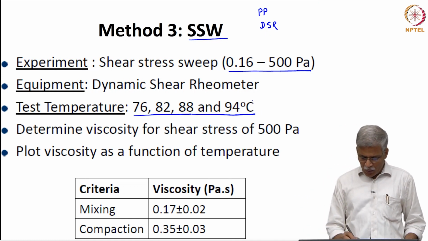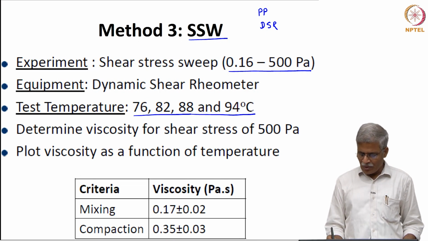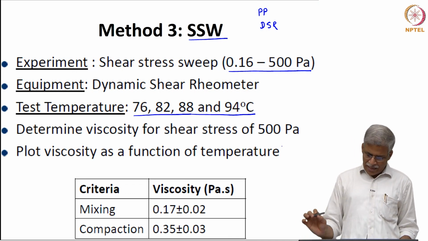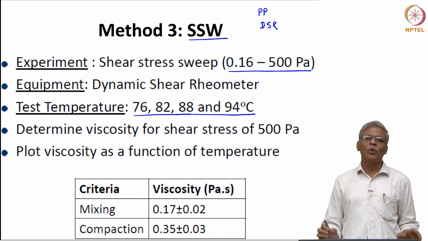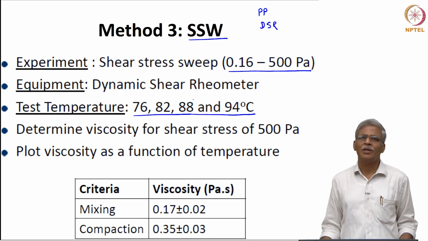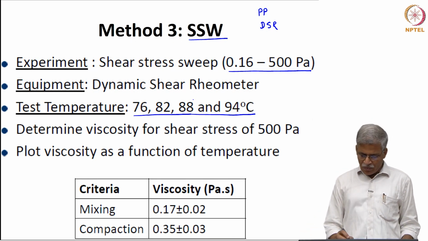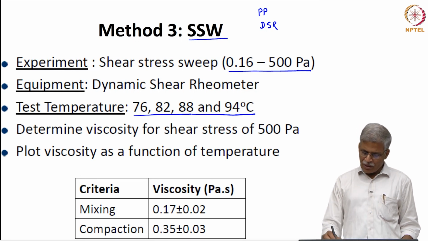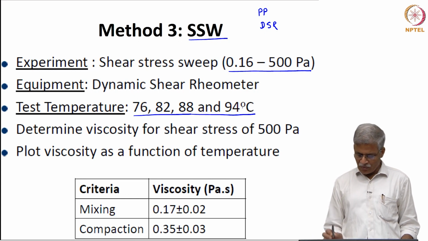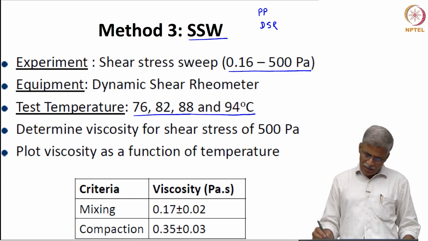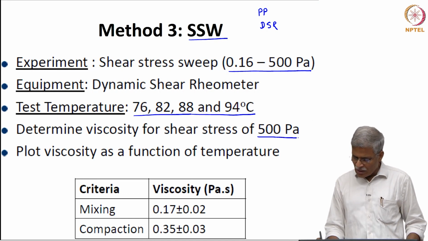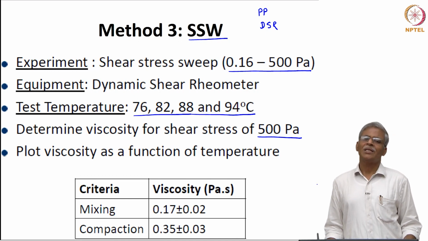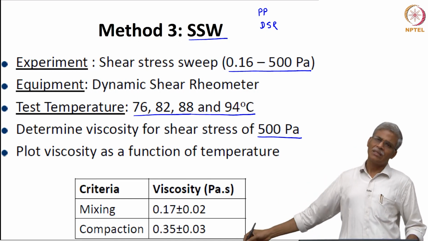So, we need to run these experiments at these particular temperatures, basically do a shear stress sweep, and there is no model that is prescribed here. So, what we will do is run a shear stress sweep experiment at each and every one of these temperatures, and then find out the viscosity at 500 pascals for each of these temperatures, plot viscosity as a function of temperature, and extend this line.